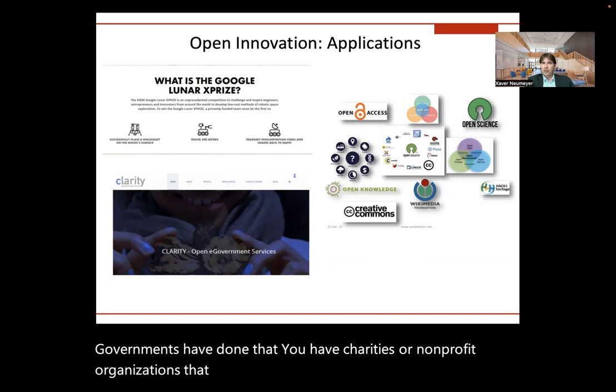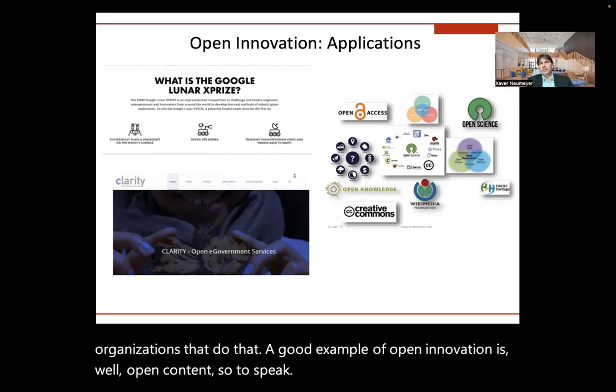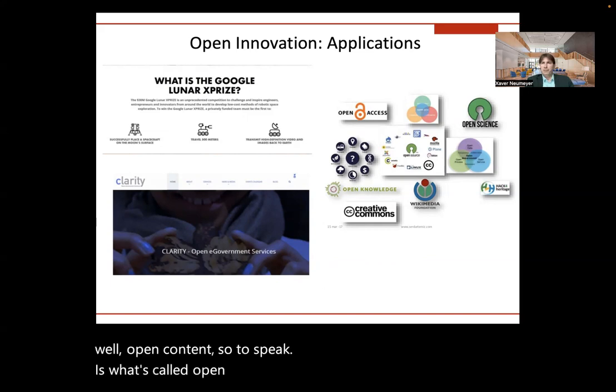A good example of open innovation, or open content, so to speak, is what's called open access. As a professor, I have to publish, right? I have some publication requirements.